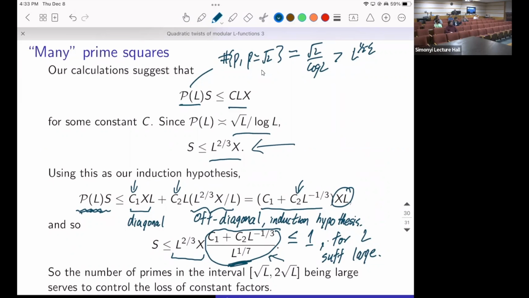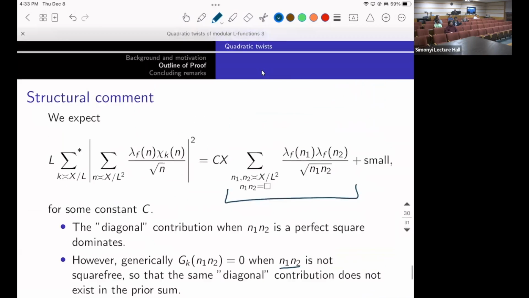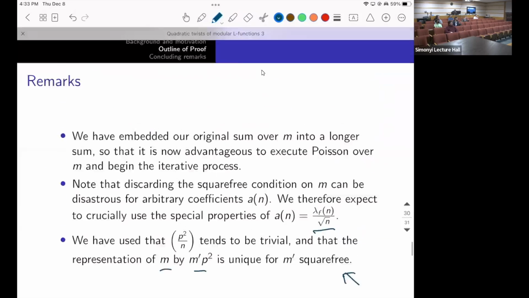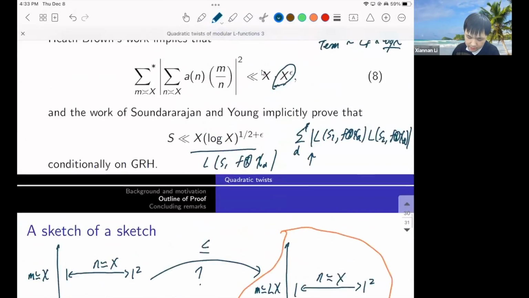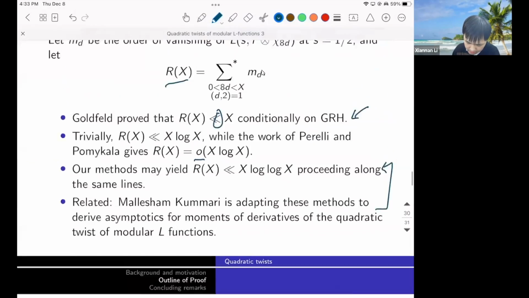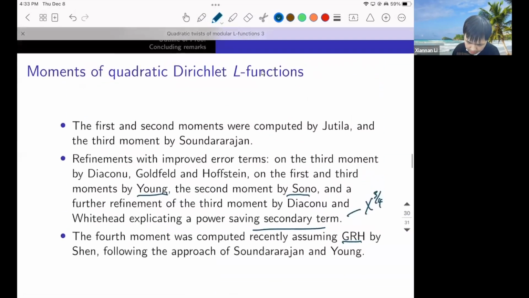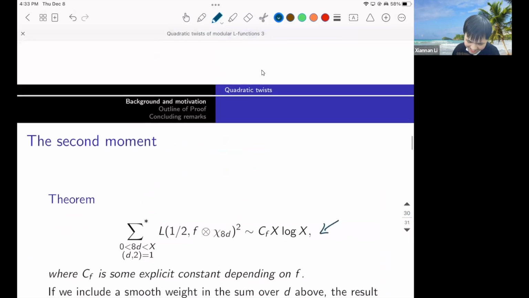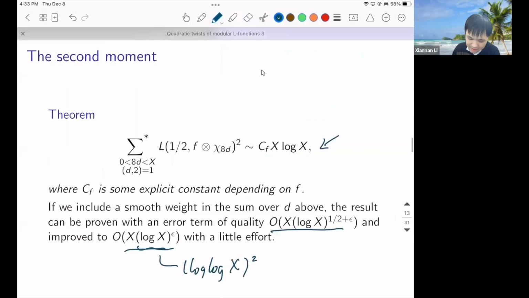Yeah, I mean, you stated the initial result with an error of x log x to the 1/2 plus epsilon. Yeah, let me go back there. Excuse me. Let's see. Where am I? Over here. So the initial result had no error term. The error term x log x to the 1/2 plus epsilon is out of laziness as well.